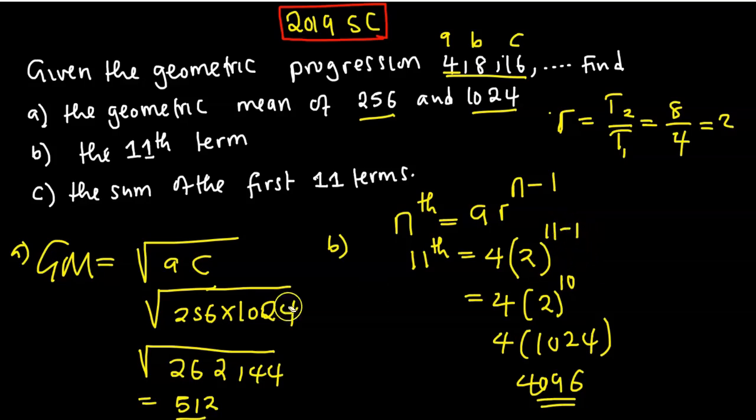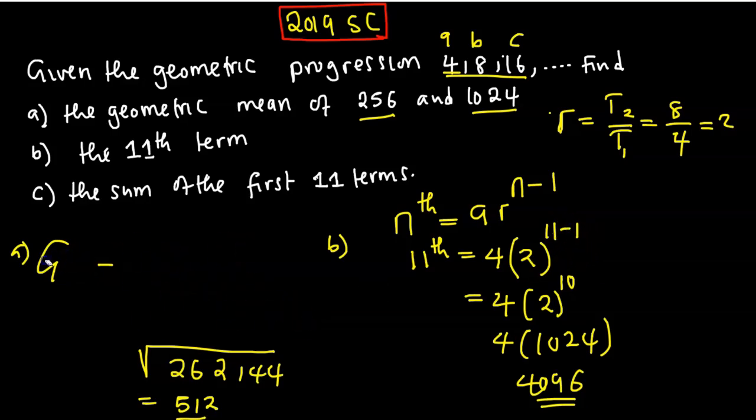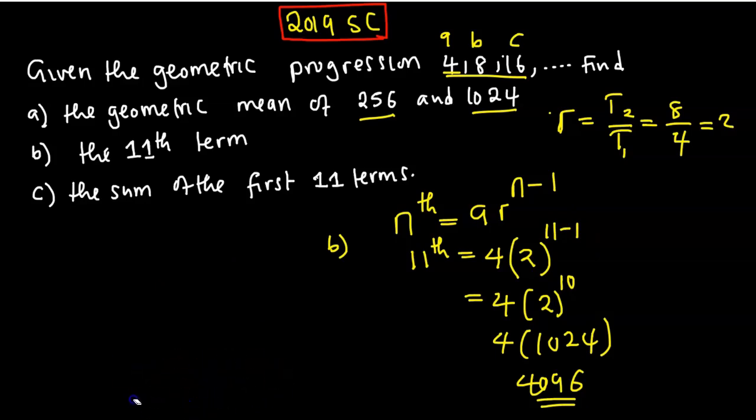Okay, so up to question C. Let us find question C: the sum of the first 11 terms. So the general formula is there, and there are two versions: one where R is greater than 1, and one where R is less than 1.